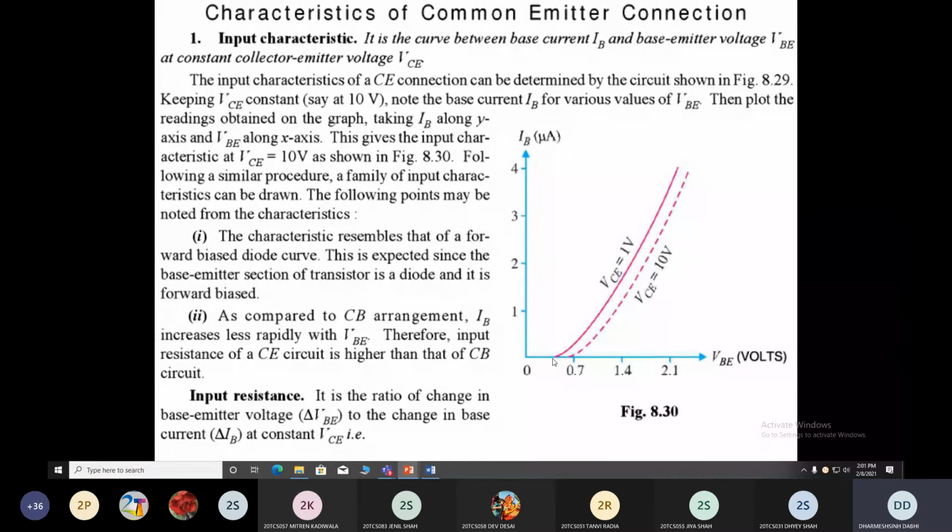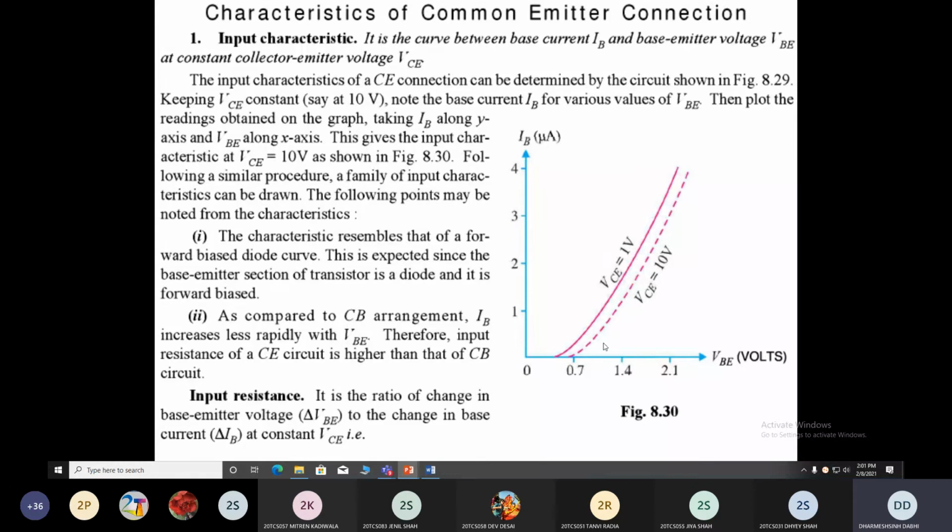As you increase the base to emitter voltage, base current will increase rapidly. Clear? So what points do we conclude from these characteristics? That this curve acts like a diode forward bias characteristic. If you see the PN junction diode characteristic in the first quadrant, the same characteristic looks like this.